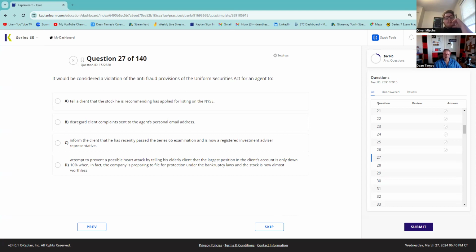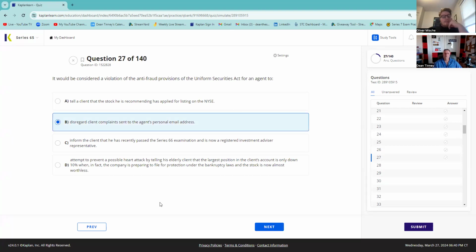So that's a violation of anti-fraud, that is unethical, but that's not the willful deceit. So you're going to miss this one. The answer is D, as in dog. Oh, I didn't read that one all the way through.